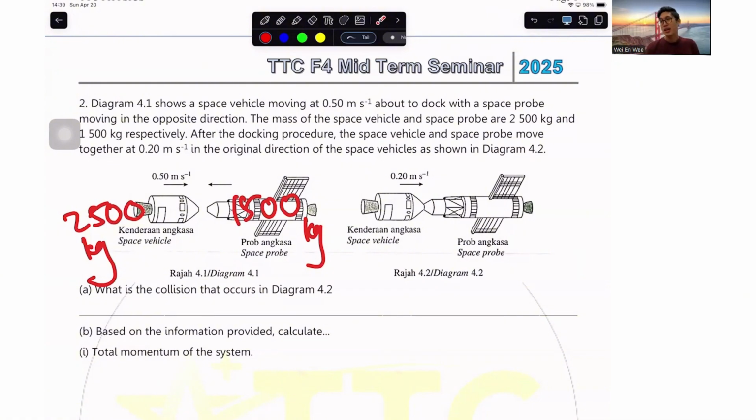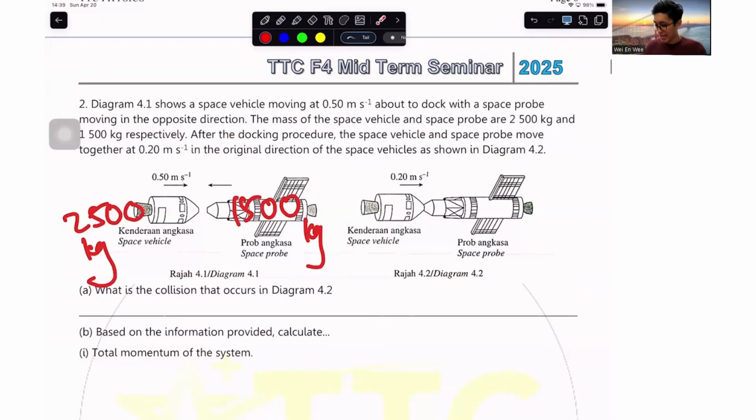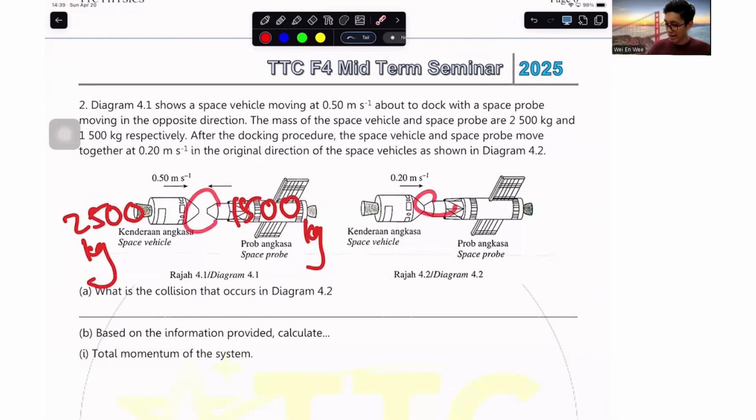Whenever you hit and then you separate, it's elastic. If you hit and you stay together, that is inelastic. That is what's going on here. They hit and then they stick together. This is an inelastic collision.